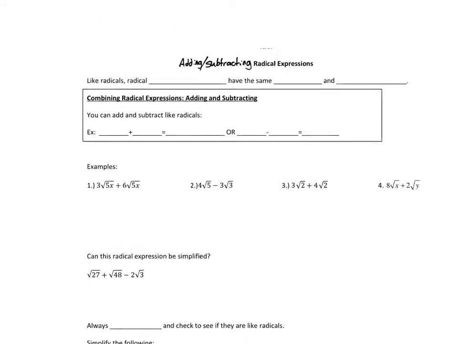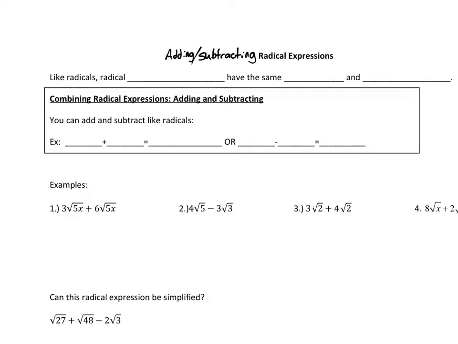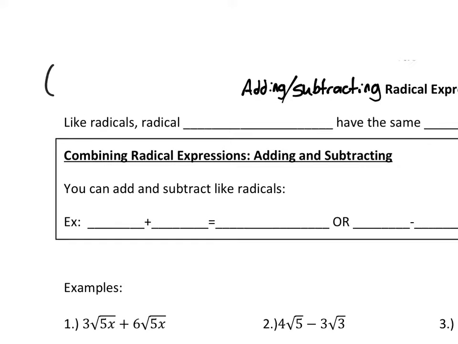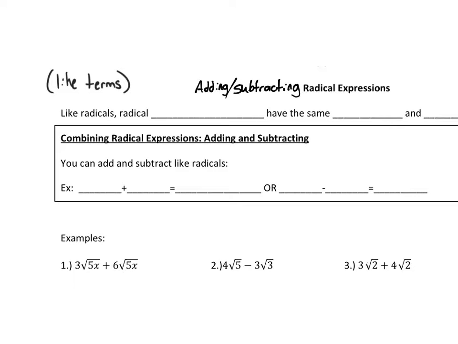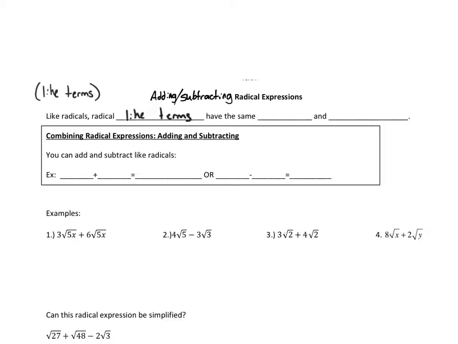So let's continue on and talk about adding and subtracting radical expressions. Like radicals, what we're really talking about here are like terms. So radical like terms have the same index, which is going to be square root and square root, and then there's something called the radicand.